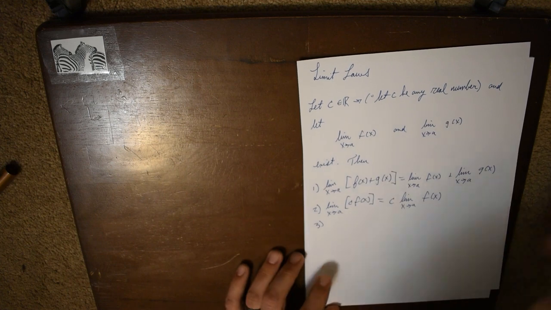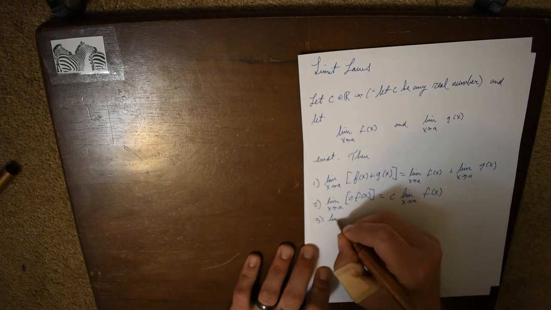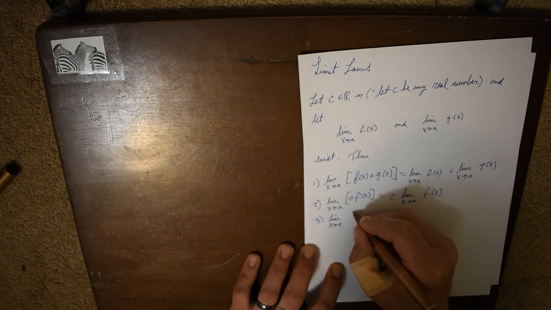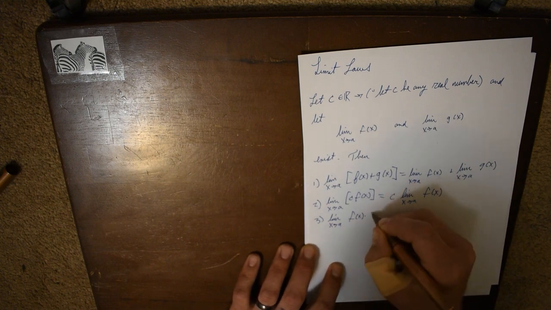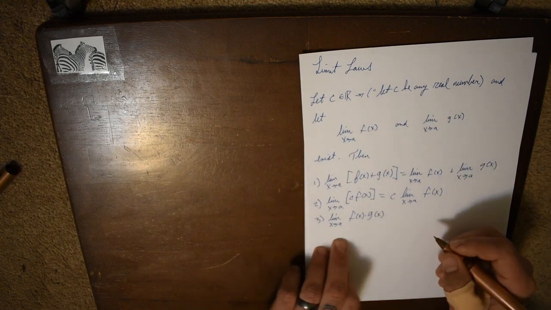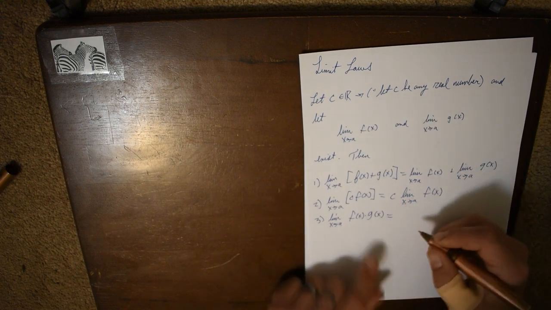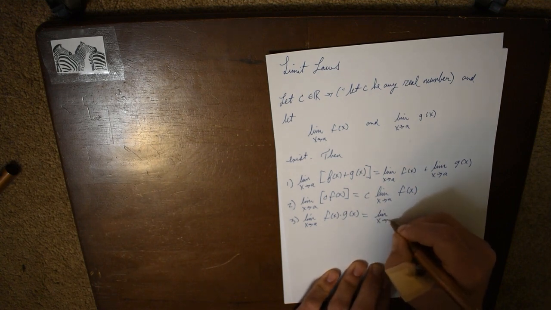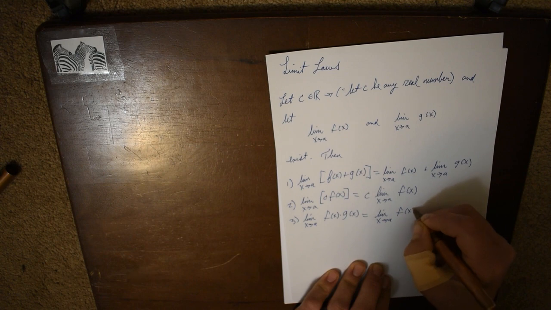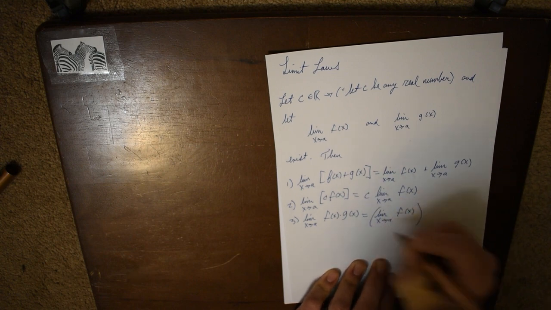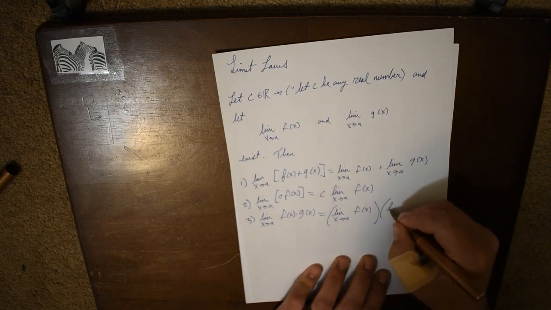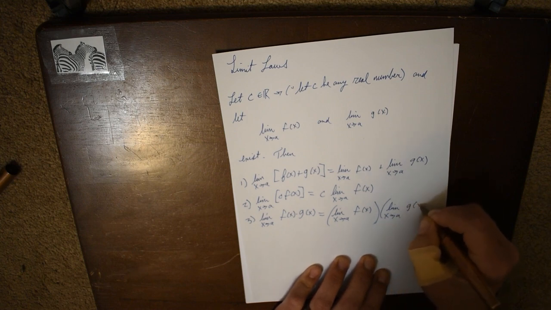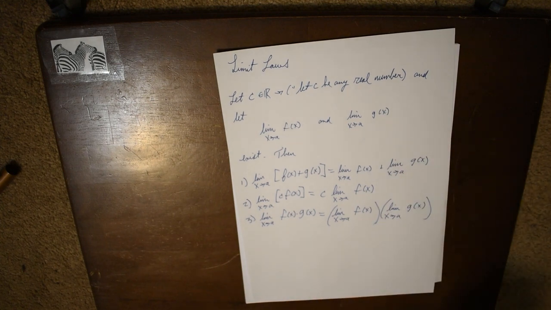The third limit law, the limit as x approaches a of the product of f of x times g of x. The limit of the product is equal to the product of the limits. The limit as x goes to a of f of x times the limit as x goes to a of g of x.